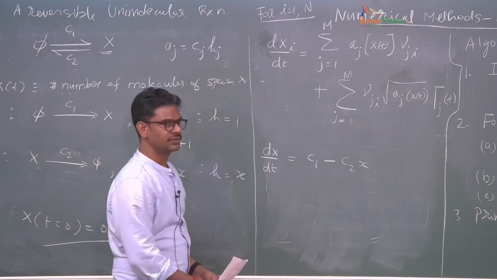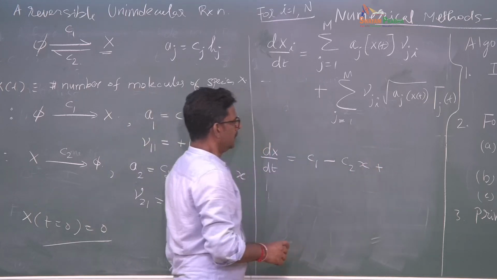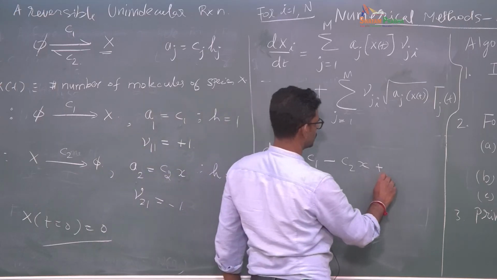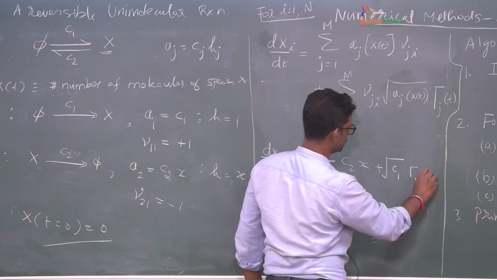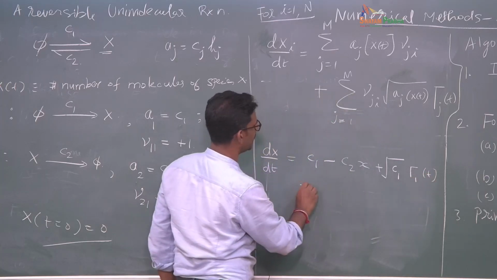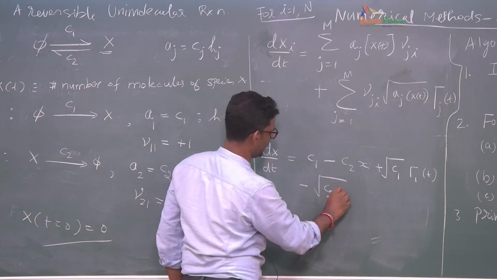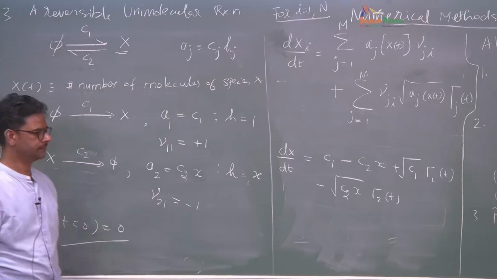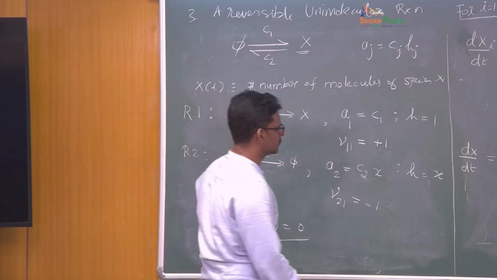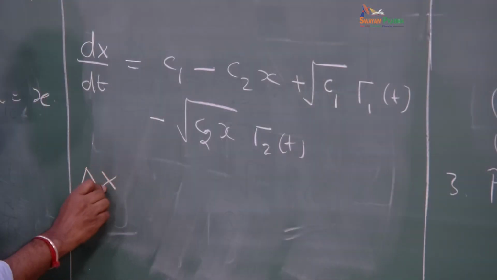Then the second term would be square root of c1 gamma 1 minus square root of c2 x gamma 2, isn't it? So now writing this in discretized form, we write delta x.